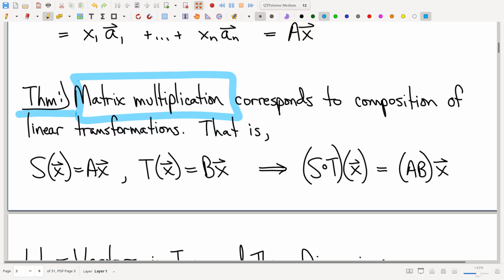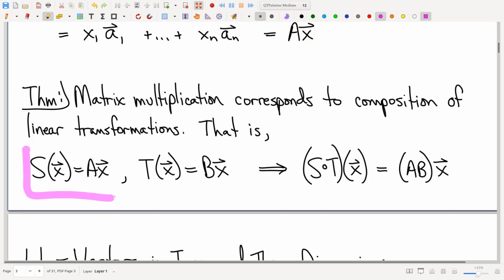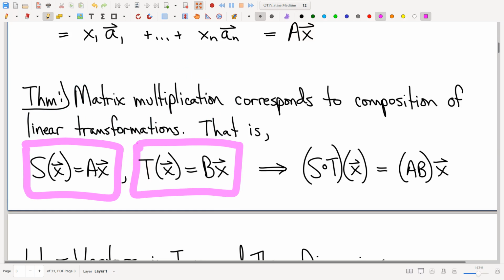I was not told this immediately when I first started learning this kind of linear algebra. Here's the reason. Every matrix we've already discussed represents a linear transformation like so.